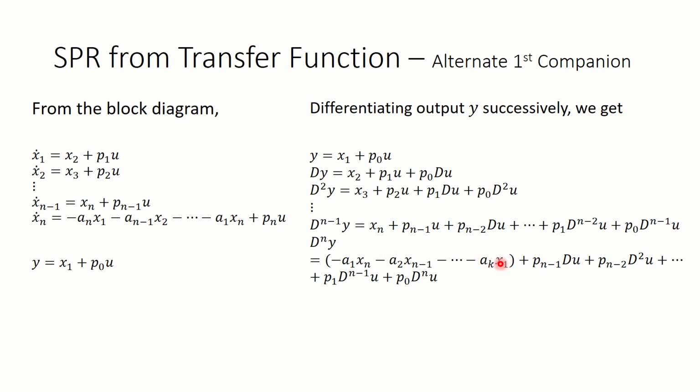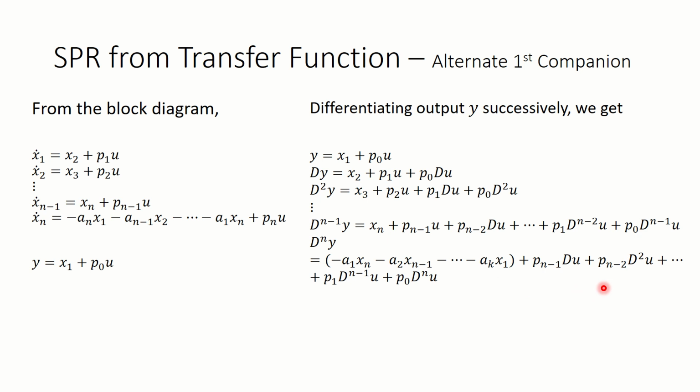I have missed the pnu here, so you should also include that pnu here. So there would be a plus pnu, the first term should come as plus pnu, then pn minus 1 du, pn minus 2 d square u, like this. So include the pnu here when you are doing your notes. So this is the expression of dny.